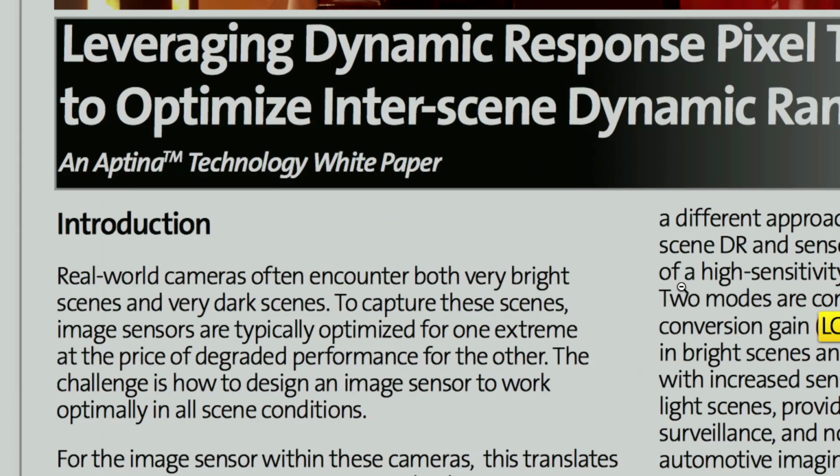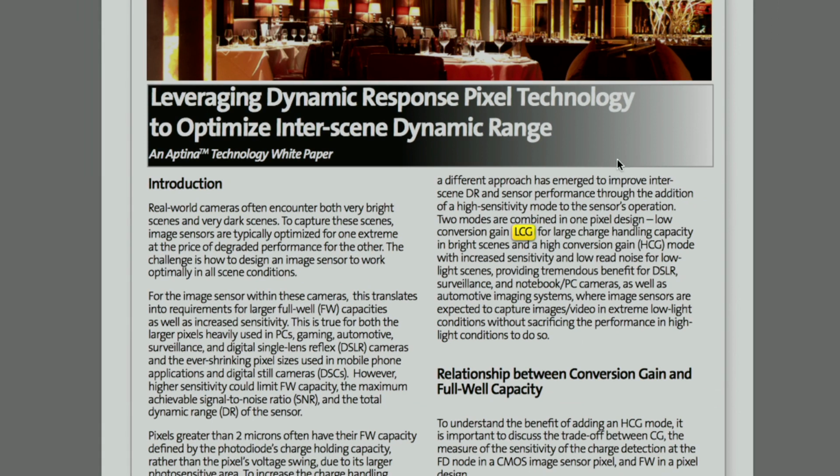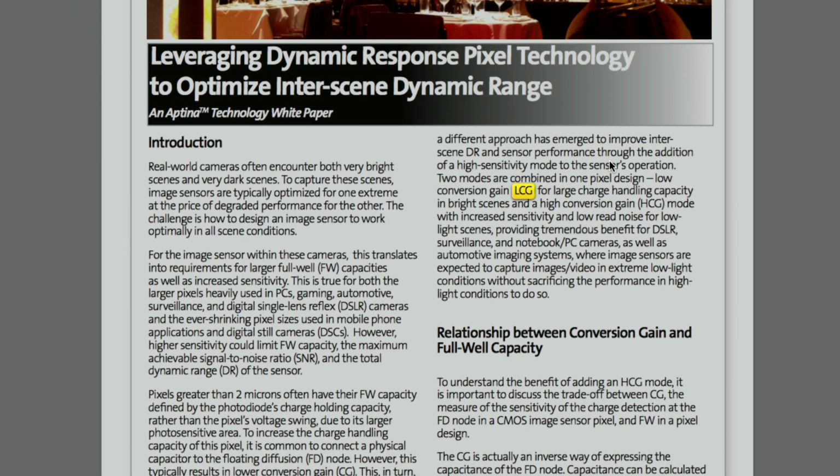If you search for them, you will find some research and white papers, which I will also put in the description, explaining what kind of tricks they can do with this, not taking just one pixel, but taking multiple pixels and throwing them together in different modes.